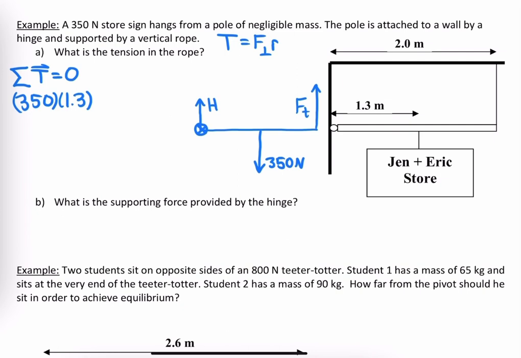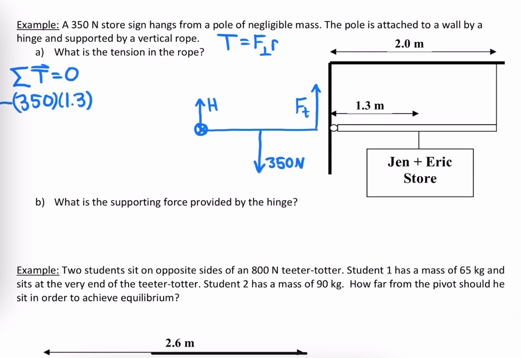And because torque is a vector, I've got to pay attention to whether these things are positive or negative. My rotation point is over here. The 350 is trying to rotate this pole in this direction, like that. That is clockwise. So this is a clockwise torque. We said clockwise is negative. So this first torque I've written down is going to be negative.